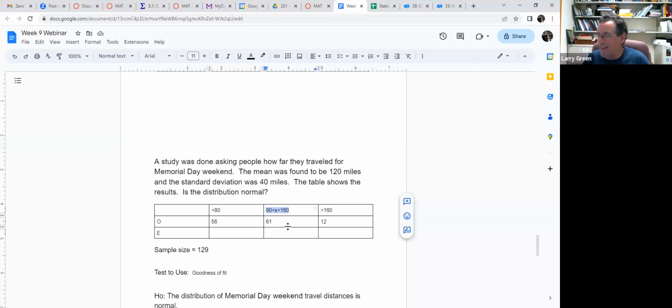Do you remember that? That was a long time ago, chapter 6. One standard deviation was 68%. Two standard deviations is 95%. That happened in the normal distribution chapter.